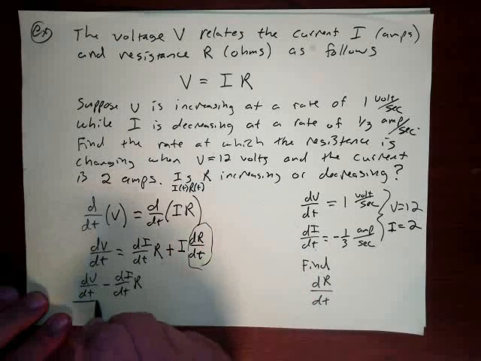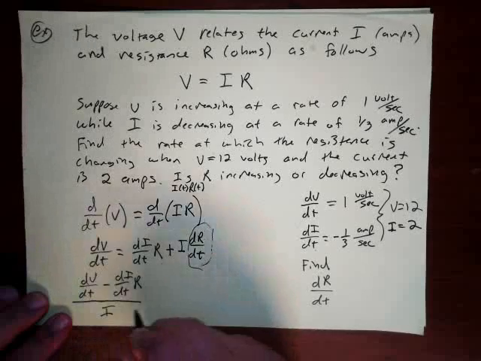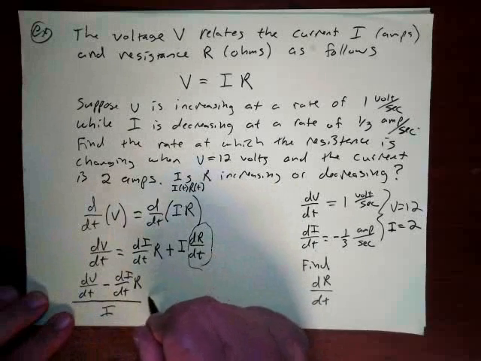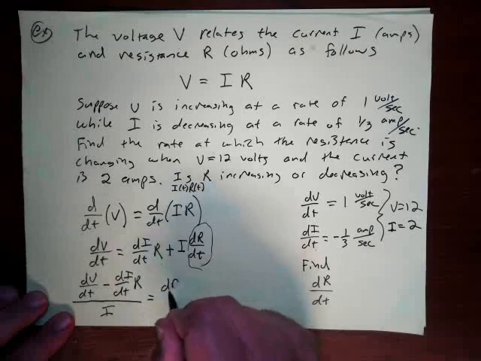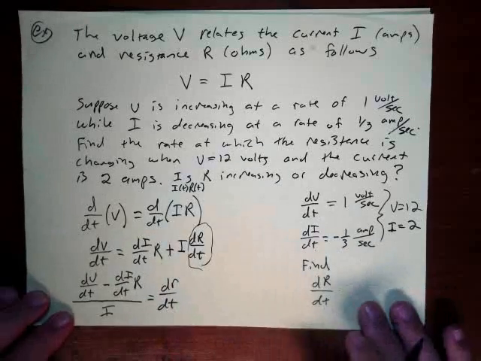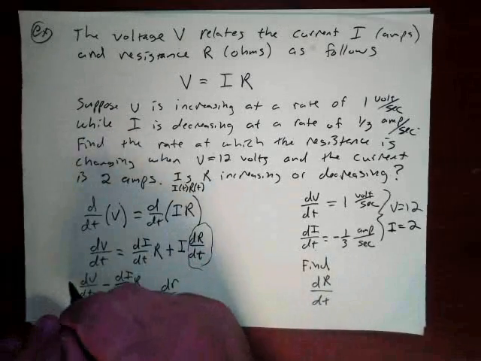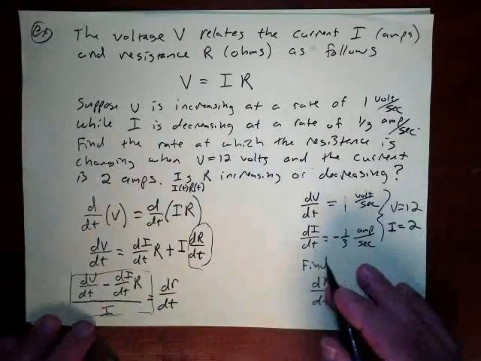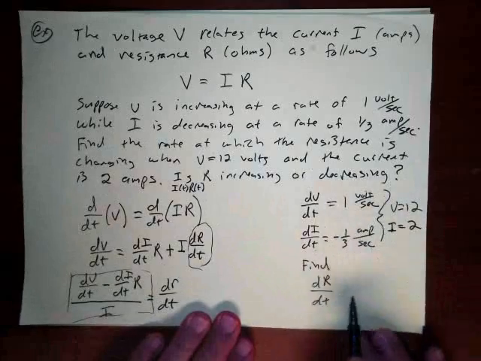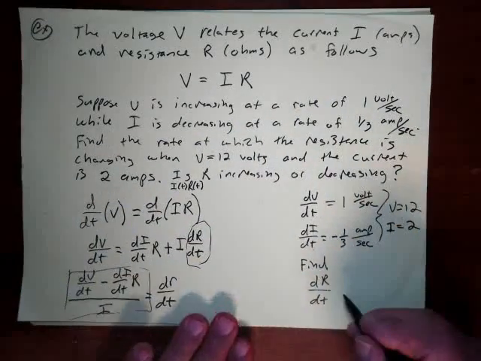So I'm going to divide all this by I, and that's going to be my dR/dt. So I moved that to the other side, divided by I, and now I need to put in the given information and calculate what my dR/dt is.